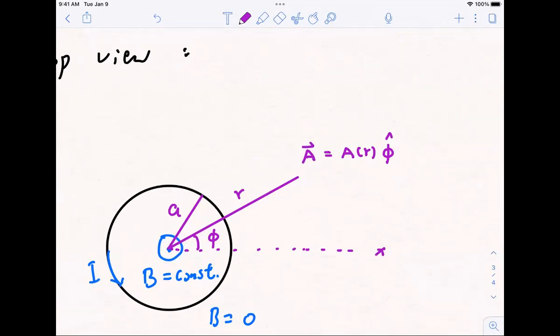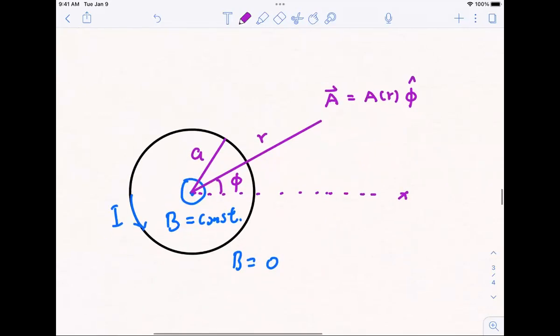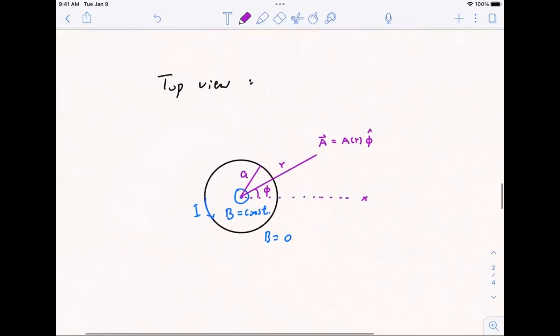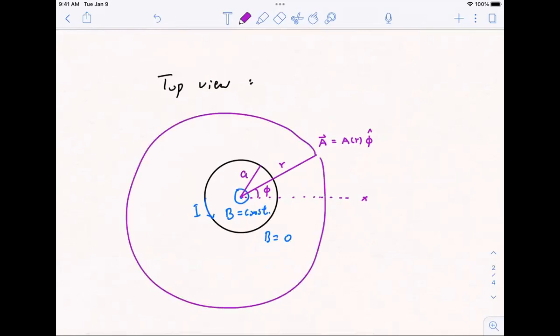And the B is the curl of A, so the A needs to be circularly symmetric. Let me draw it.